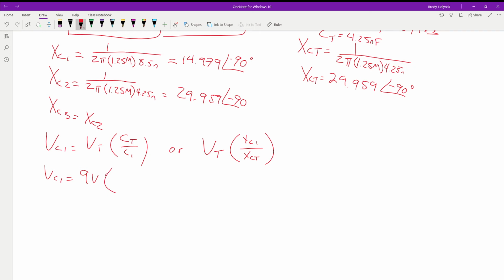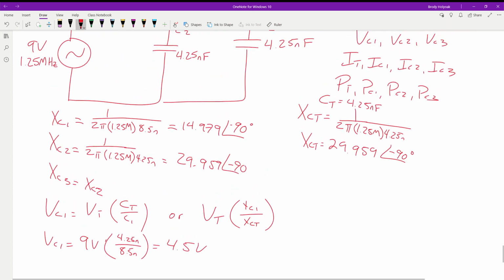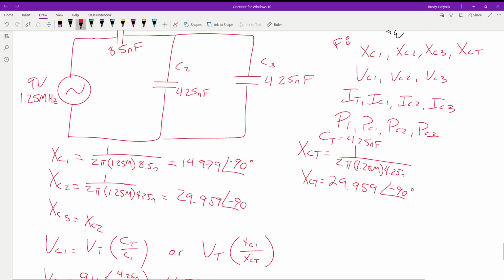Multiply it by the capacitance total, which was 4.25 nano, divided by the 8.5 nano. That gives 0.5, because the nanos will cancel. So now we have 4.5 volts being dropped across capacitor 1.